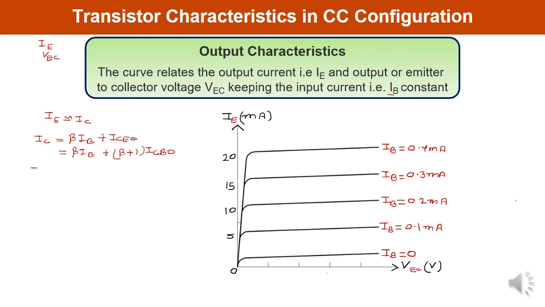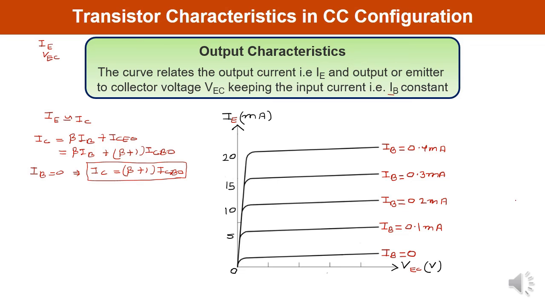So when IB is 0, this equation reduces to IC equal to (beta plus 1) ICBO, and ICBO is nothing but the leakage current, which is very small.